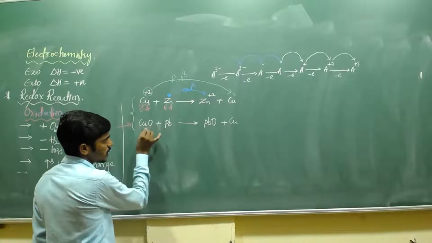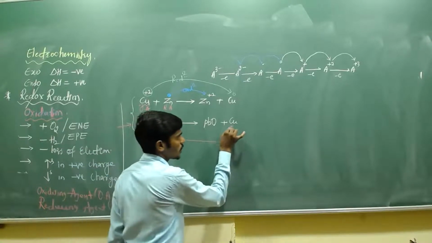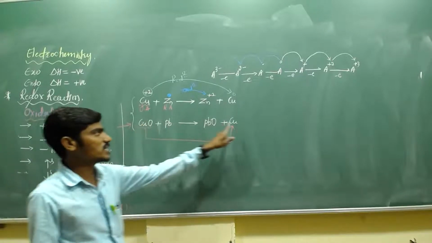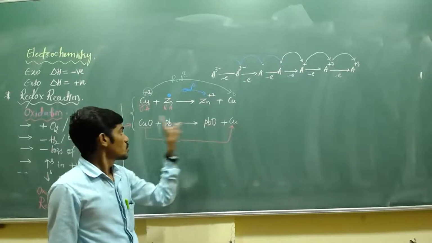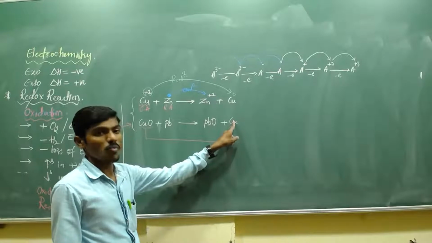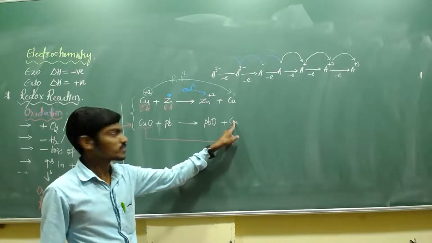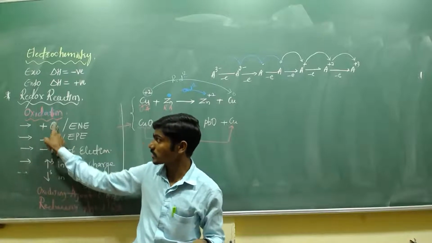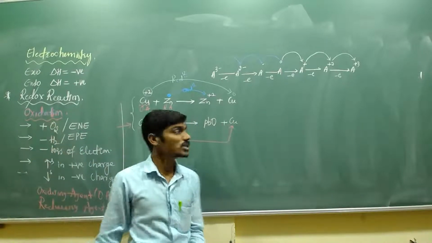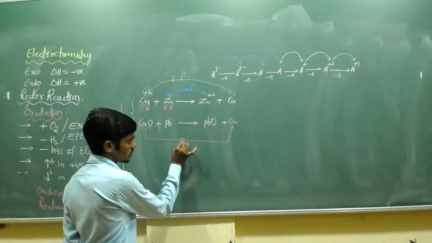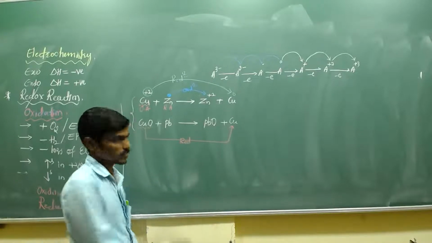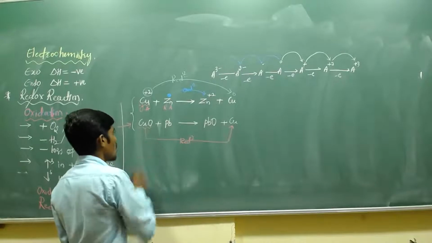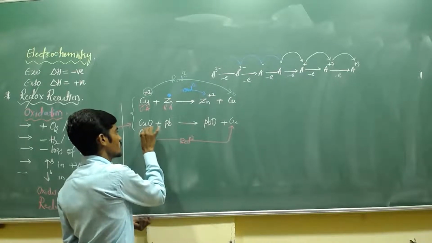Copper oxide is converted into copper. Initially oxygen is with copper, but in this case copper is alone. So from copper oxide to copper, one oxygen is lost. So it is loss of oxygen. Gain of oxygen is oxidation, so loss of oxygen is reduction. Copper oxide undergoes reduction, so it is an oxidizing agent.